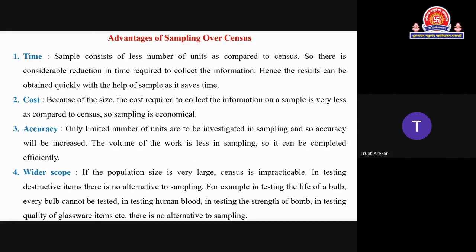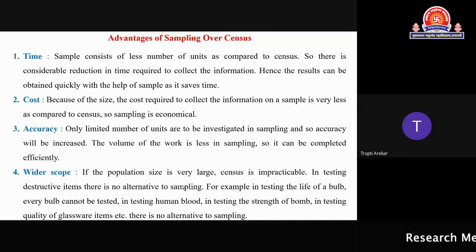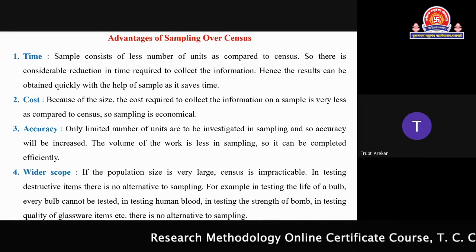Due to the reduced volume of work, it can be completed efficiently and without fatigue. Samples will be free from non-sampling errors such as incompleteness of returns, bias due to interviews, inaccurate results, returns, etc.